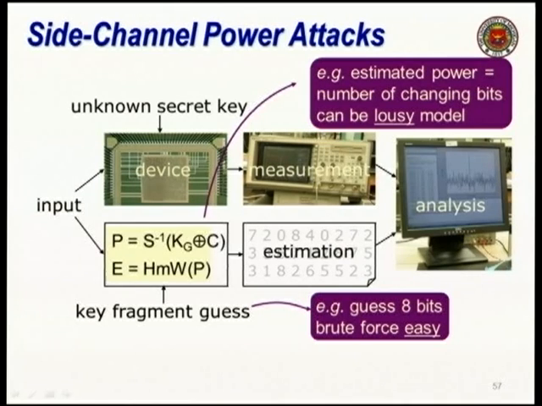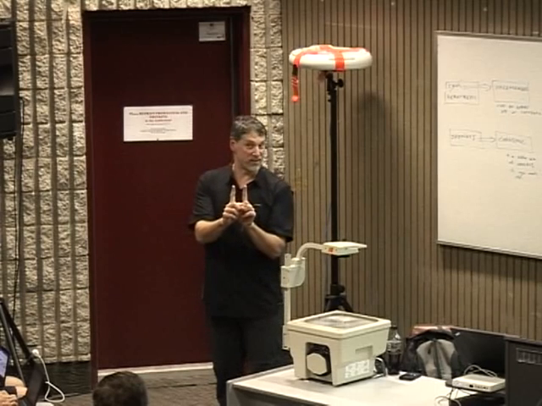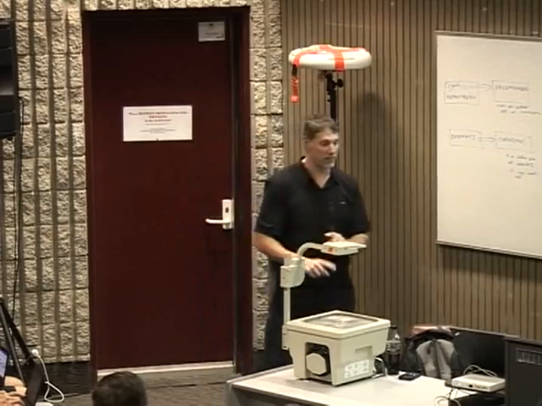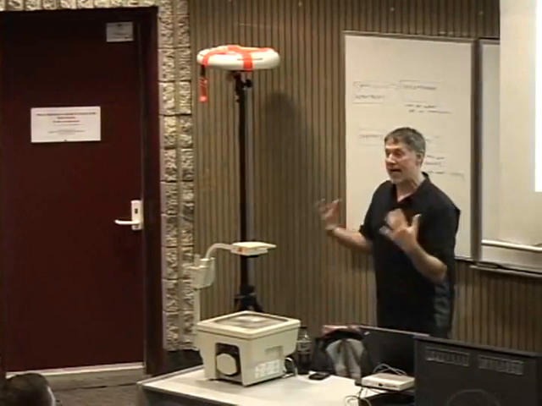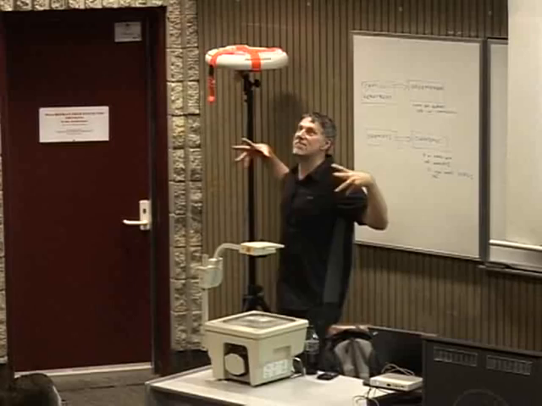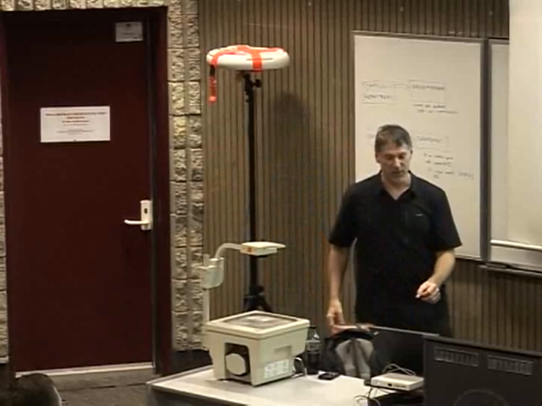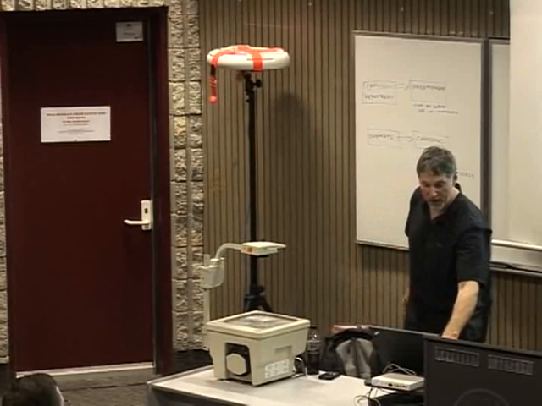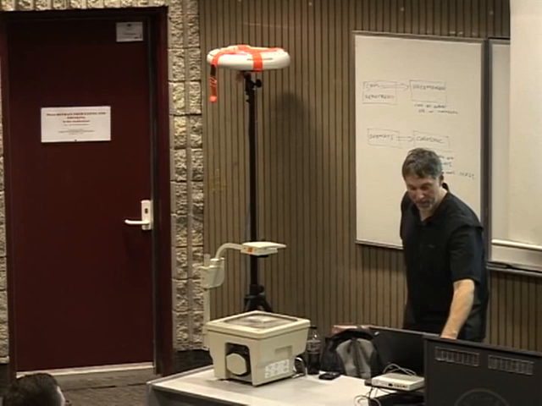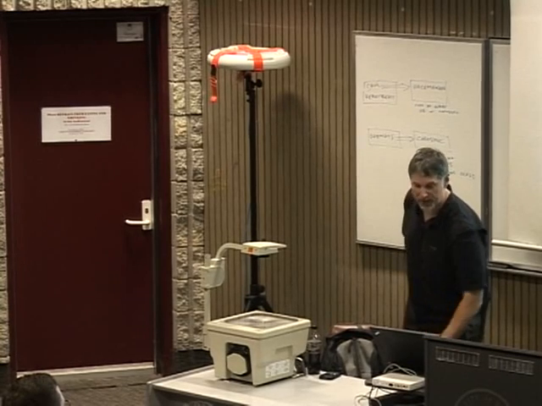So if we can identify a particular operation's power draw, we know how many pairs in the key and the plain text were 1 and 1, how many were 0 and 1 or 1 and 0, and how many were 0 and 0. That massively condenses the key search because we have so many properties about the underlying key information. It can make it quite easy to attack this system.